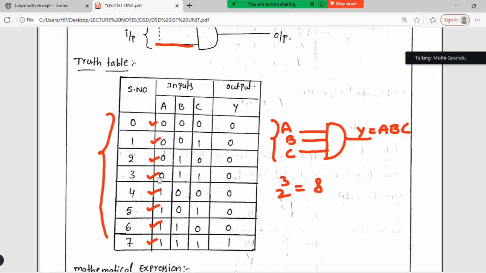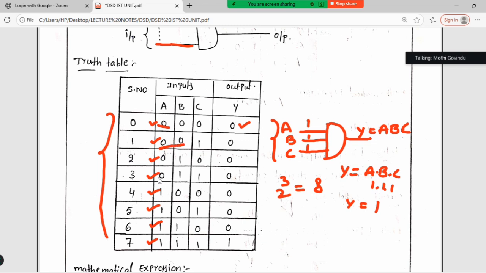What is the AND gate? Whenever all the inputs are high, the output is also high, because Y equals A into B into C: 1 into 1 into 1 gives output 1. If any one of the inputs is 0, the output is 0.